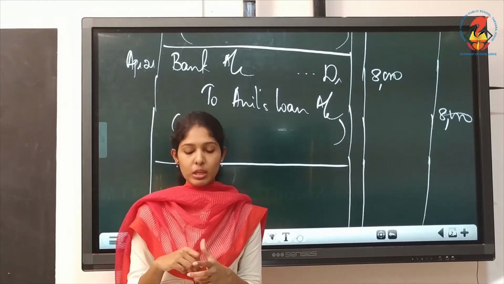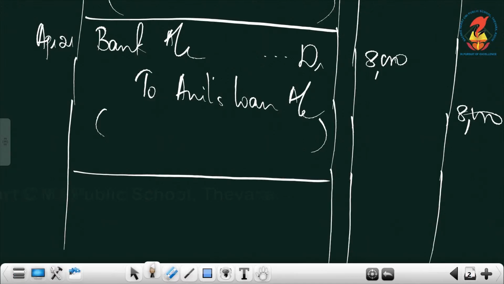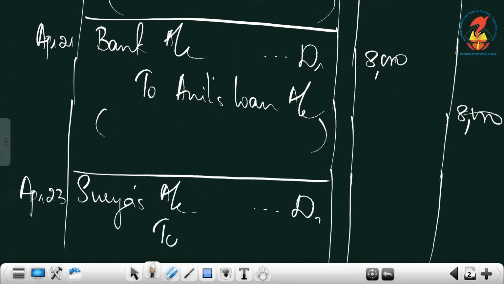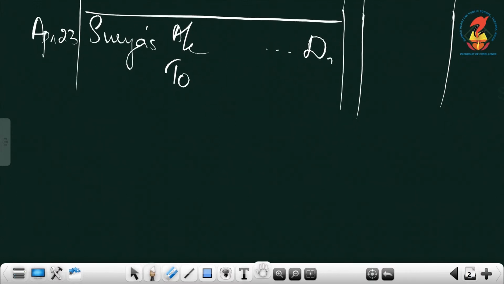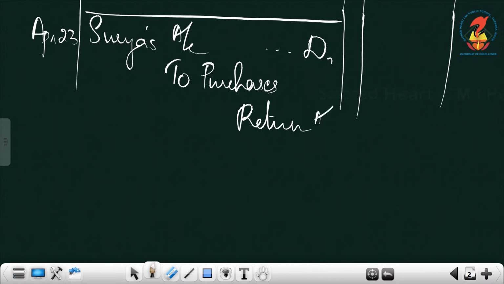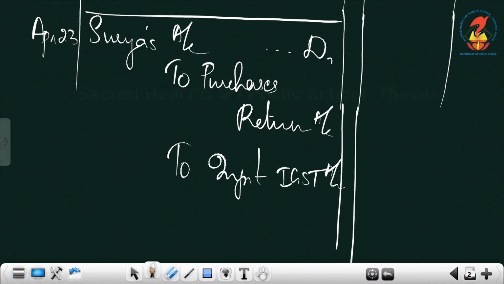So now the entry will be entry on April 23rd. It is Surya's account debtor to purchases return account, to that input IGST which we debited earlier, now to be cancelled.